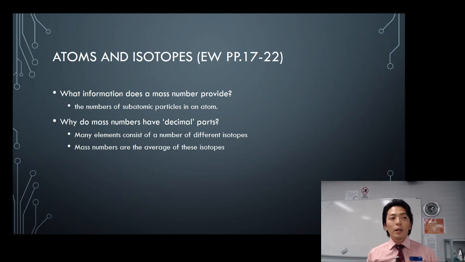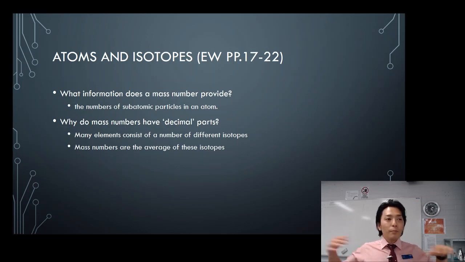So mass numbers are an average of these isotopes. Imagine that you have a class of carbon atoms, and imagine that one of you has 14 as your mass number, but you're still carbon. There are 2 more people who are not 12. Those 2 people may have 13 as their atomic mass. The rest of the class would be carbon with 12 as AMU.